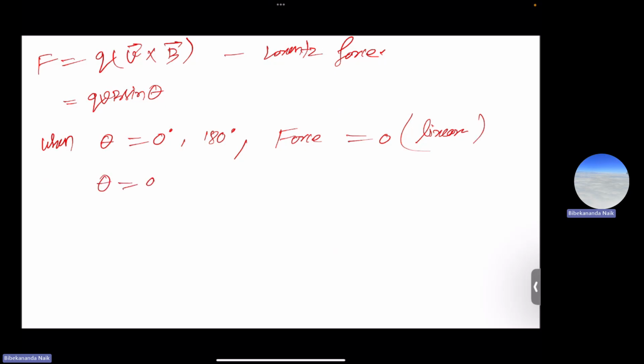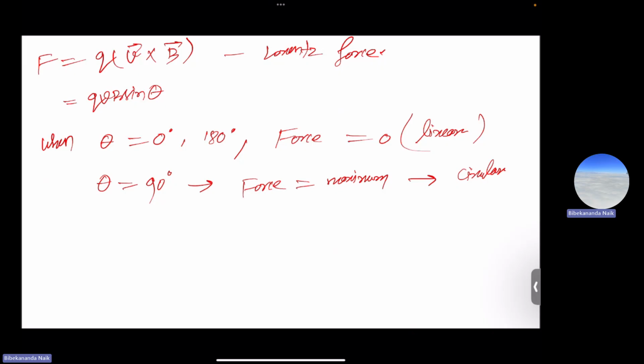When theta is equal to 90 degree, the force will be maximum, and the path under that force will be circular, because here you see the direction of the force is perpendicular to both the magnetic field and the direction of motion, that is velocity. So when the particle is moving along x direction, it will be experiencing forces along y or z direction, and that will result in the circular motion of the particle.